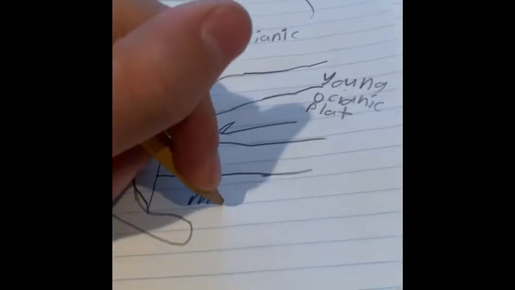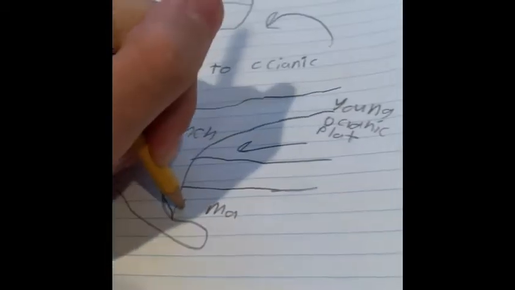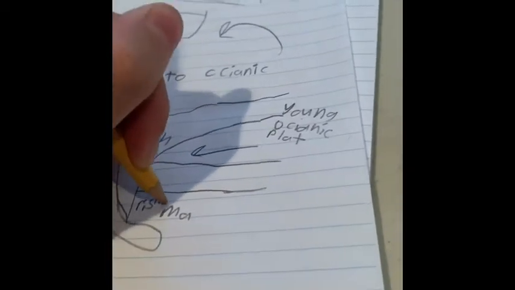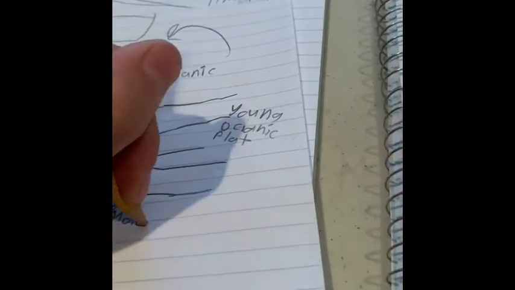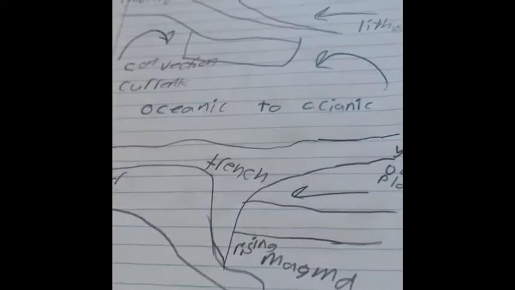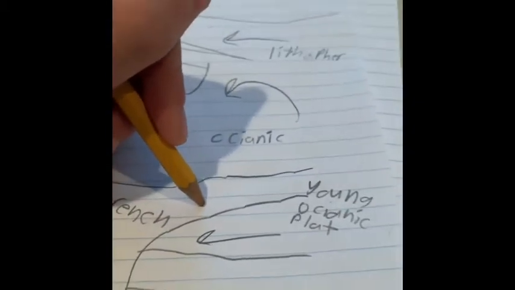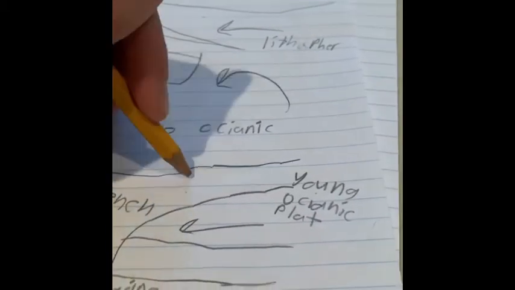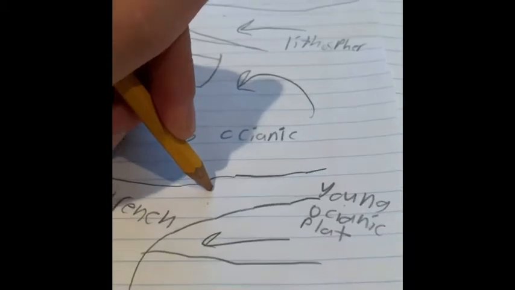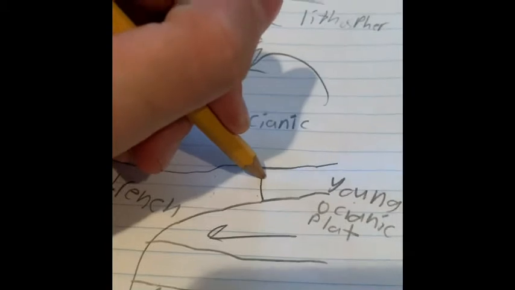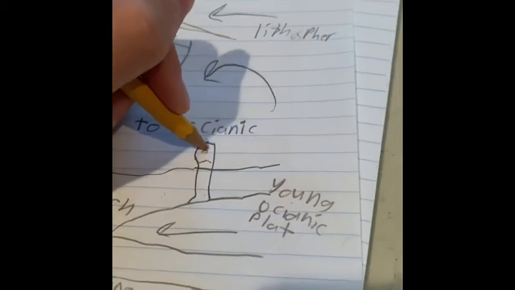So magma rising, and then the rising magma rises into the younger plate, and then forms a volcanic arc. So that comes out of the water surface.